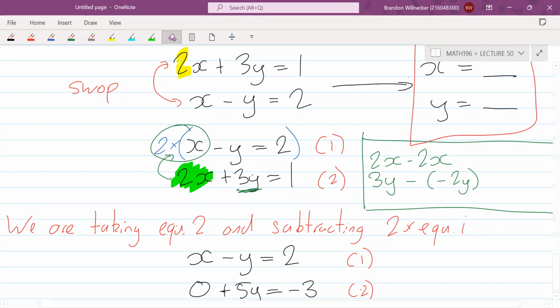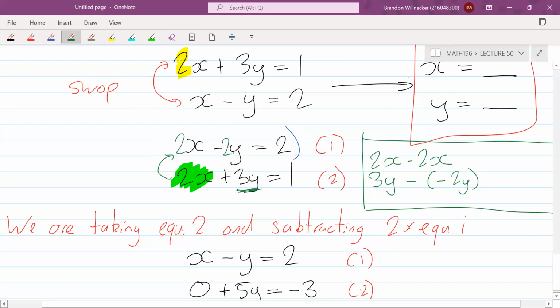Okay, that's from, actually, let's just distribute the 2. So if we distribute the 2, it's going to be there, there, and then that's going to become a 4. And lastly, we're going to have 1 minus 4. So that's 0. That's 5y. And that's minus 3.